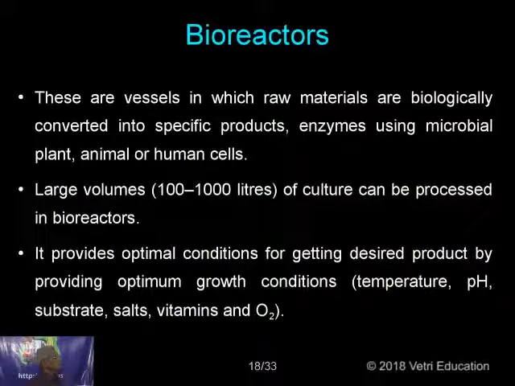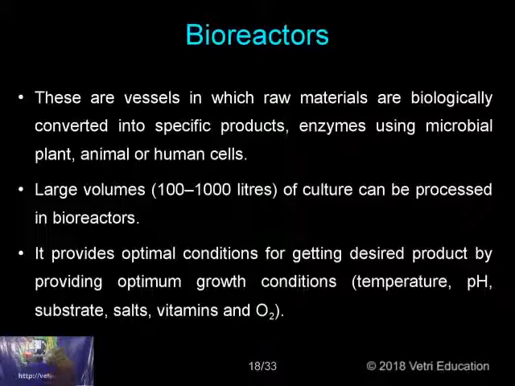So now for this purpose you have what are known as the bioreactors. If you are going to produce a protein on a very large scale, then you must employ what are called bioreactors. These are the vessels in which raw materials are biologically converted into specific products, to be enzymes, using microbial, plant, animal and human cells.